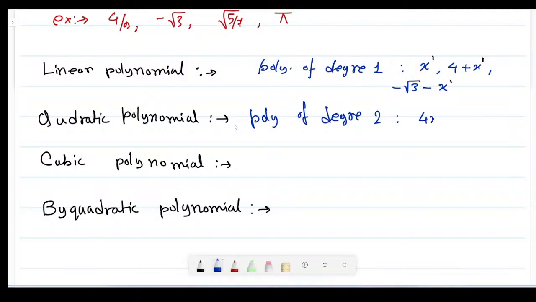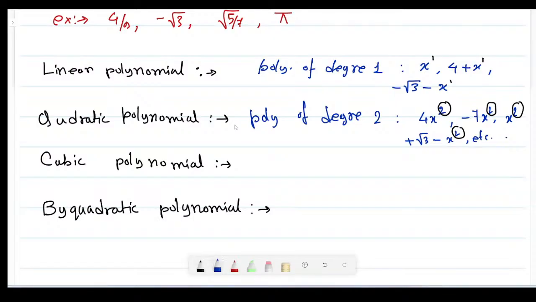It may be 4x to the power 2, minus 7x square, only x square, plus root over 3 minus x square, etc. So in this expression we can see that all the powers of x are 2 and this is the highest power in the expression. So this is the degree of this polynomial and all the degrees are 2.